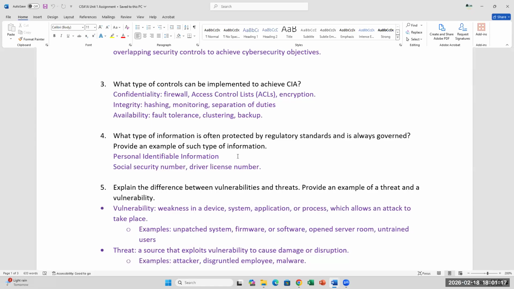So HIPAA compliance requires major things with PII, right? Also health PII. So personally identifiable information would be information that relates to an individual. In the United States, we use Social Security to really identify the person, right?